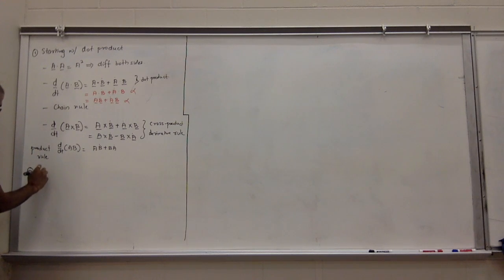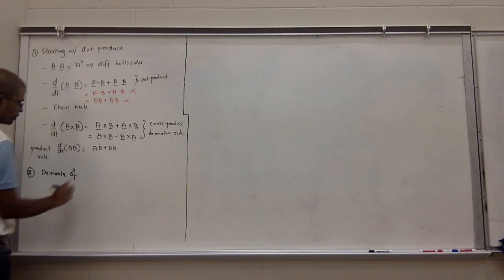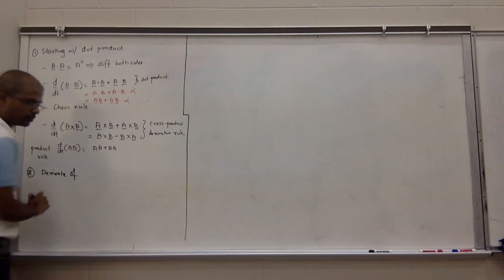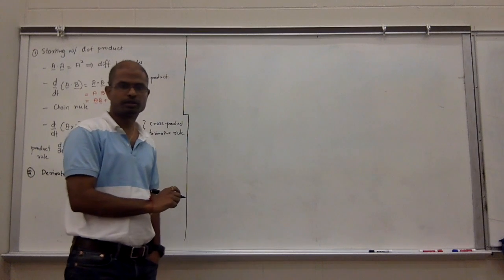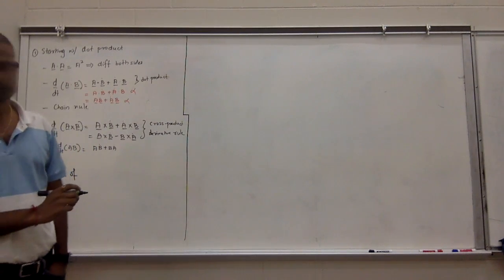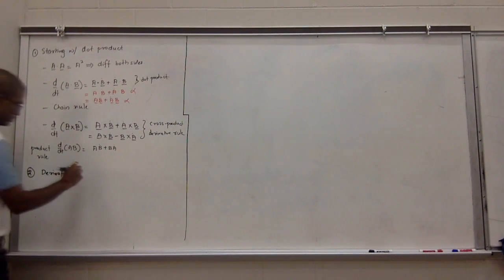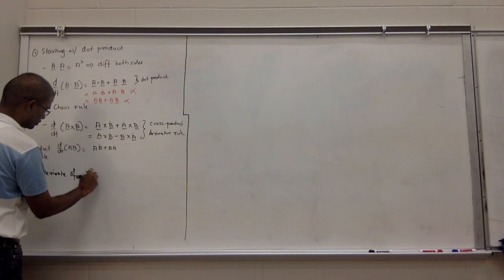The second one is a derivative, taking the derivative of a quantity. Something like R equals cosine squared theta, sine phi.